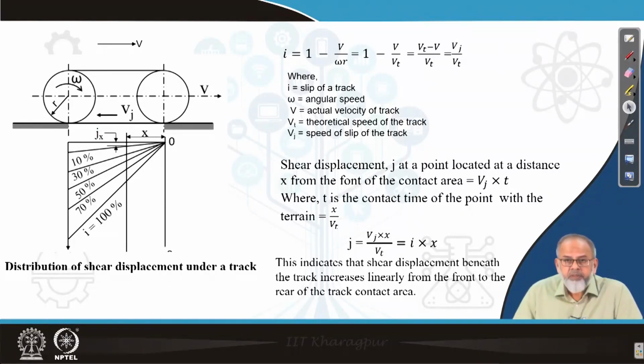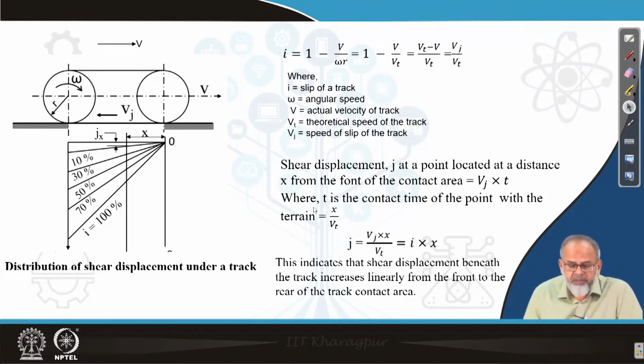So that becomes, if you know the slip velocity times t, then that will give you the shear displacement during that time. So Vj into t, and t is equal to x by Vt.